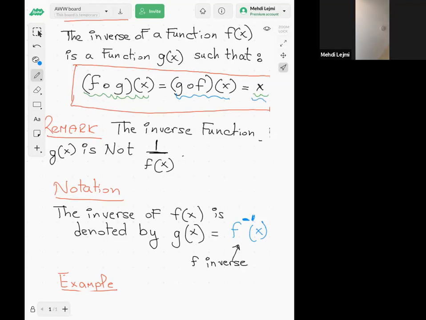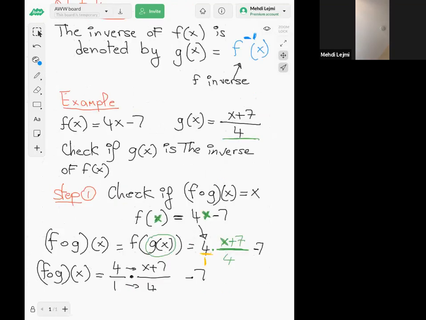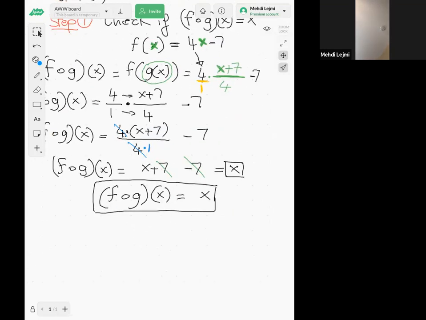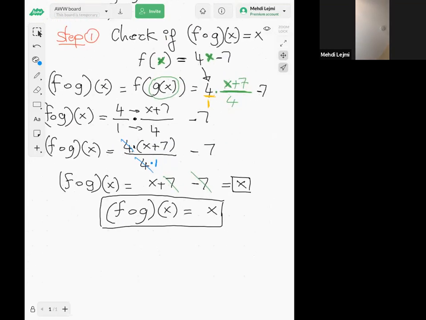So there are two parts in this definition. In step 2, we need to check that g composed with f is equal to x.